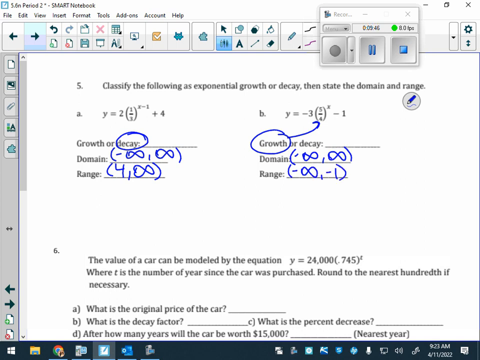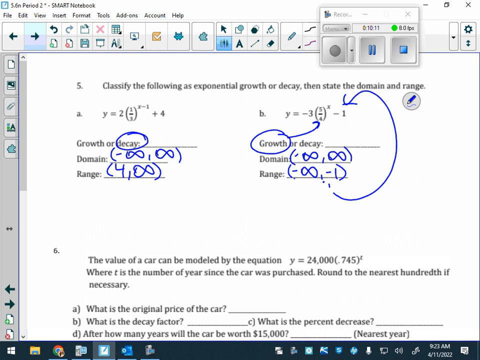And how do we know the range? It's based off of our horizontal asymptote. It would change either or depending if there's a reflection. But it's always our horizontal asymptote. For B, that's why it's negative 1 to infinity. Okay?